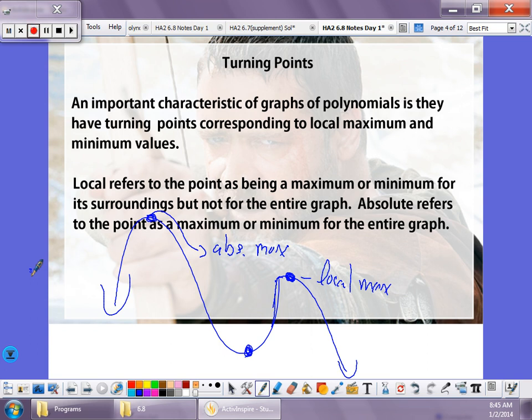All right, what do you think this is going to be here, local or absolute? Why local? Right, because it goes down forever. So even though it's the lowest point that I see here, these arrows tell me that this graph is going infinitely down. So this here would just be a local minimum. Okay?